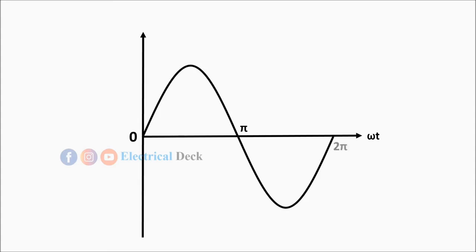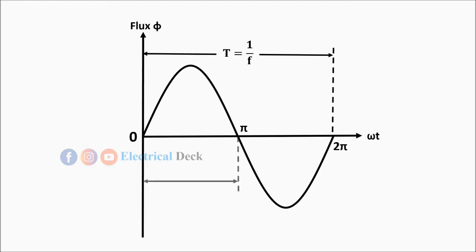By taking flux phi on the y-axis, the time taken to complete one cycle is equal to 1 by f, and time taken to complete half cycle is equal to 1 by 2f.